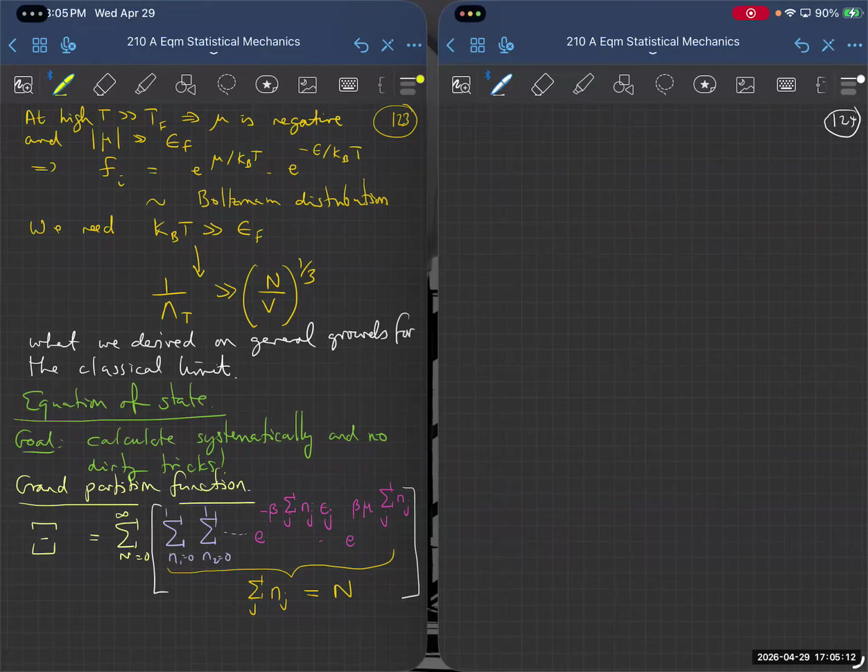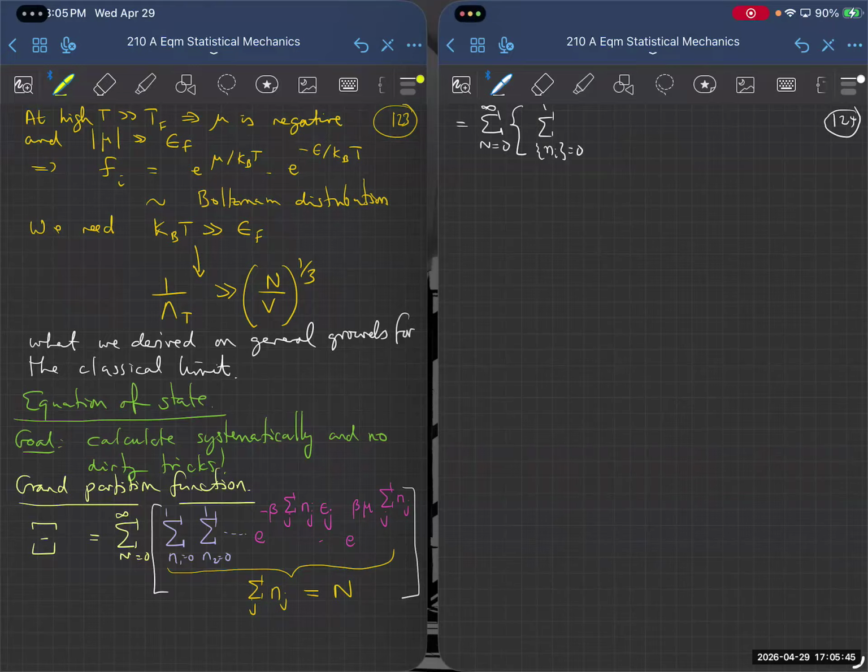So now let's write this out in a way using delta functions, just for completeness. Another way I can write this is the sum from n equal to 0 to infinity, and then once I've chosen how many particles there are in the system, I sum over all the occupation numbers being from 0 to 1.